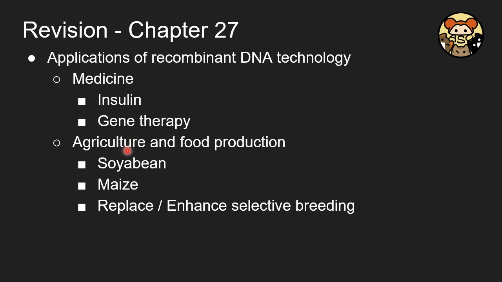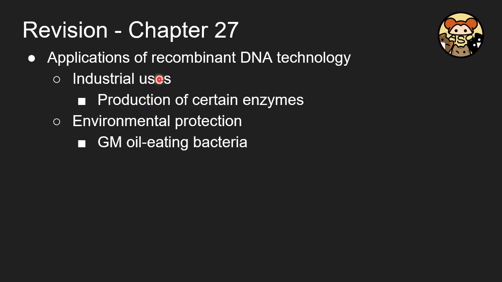In agriculture and food production, soybean and maize are usually genetically modified to make them look prettier and bigger. In industrial use, we can produce certain enzymes. And in environmental protection, GM oil-eating bacteria can help clean up oil spills.